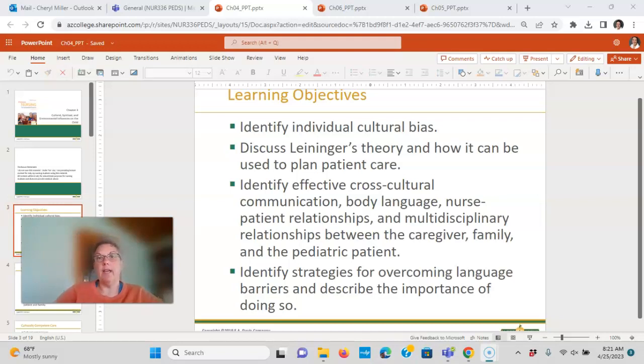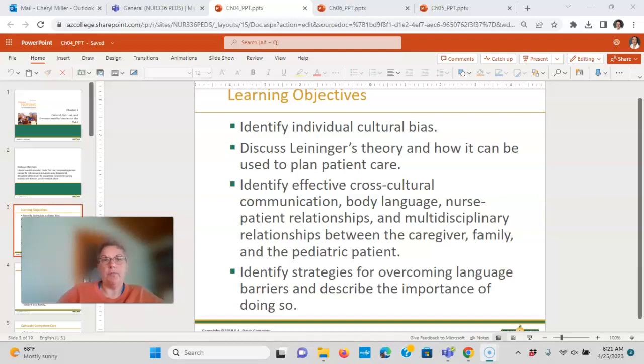So, identifying individual cultural bias. The first thing you have to do, if you remember back to HCR 230, if I taught you guys that course, I believe I did, is to identify your own cultural bias. If there are people that you cannot take care of, it's better to say that to the staff nurse, the charge nurse, than to go in there and really cause problems.